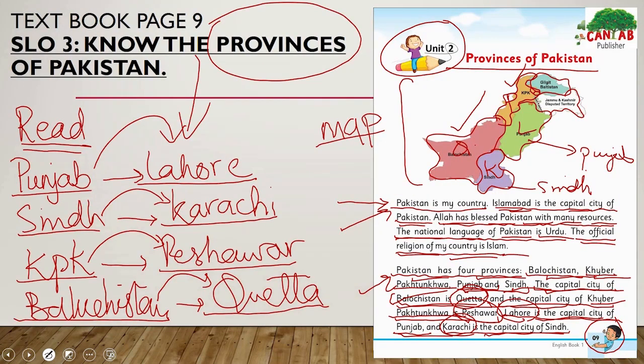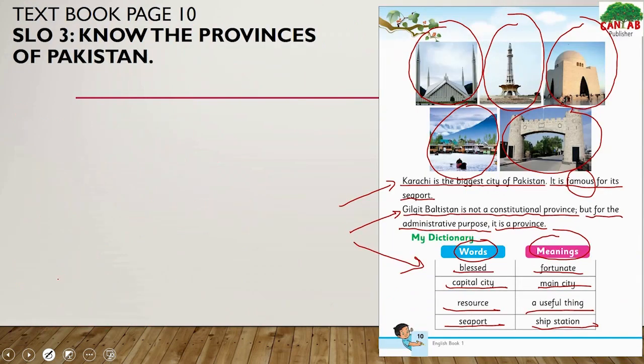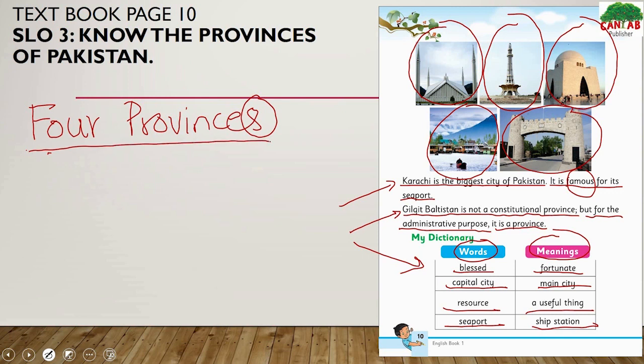As we have been through the reading of the text and we learned that there are 4 provinces of Pakistan, let's name them one by one. Punjab, Sindh, KPK or Khyber Pakhtunkhwa, and Balochistan. How many provinces are there? There are 4 provinces. If you remember, we discussed singular nouns and plural nouns in the previous lesson, so this S here shows that there are more than 1 province in Pakistan.